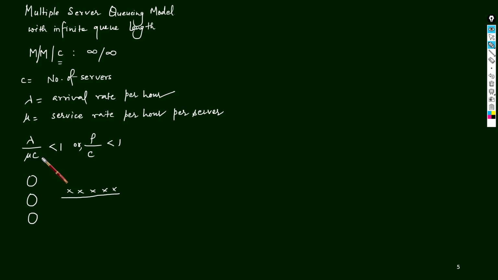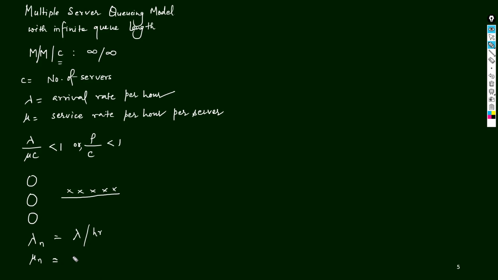Now let's suppose there are n customers. What will be the service rate? If there are n customers in the system, the arrival rate is lambda per hour, but what about the service rate mu n?